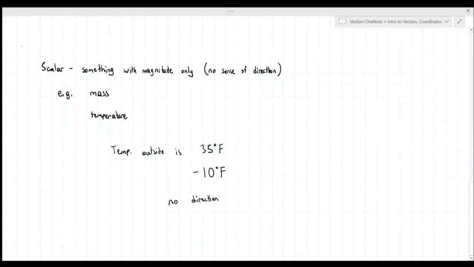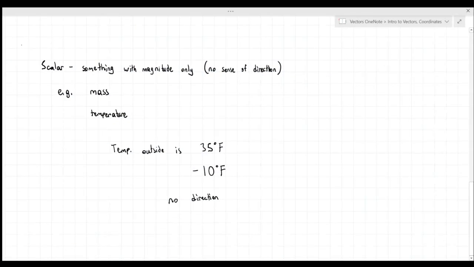Can you guys think of any other examples of scalar quantities? All right, yeah, those are good. Speed is the magnitude of the velocity. Distance is the magnitude of displacement. So distance and speed are both scalar quantities.